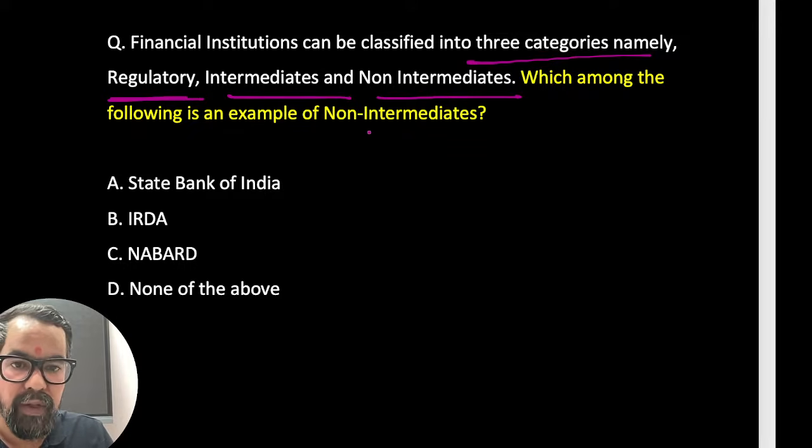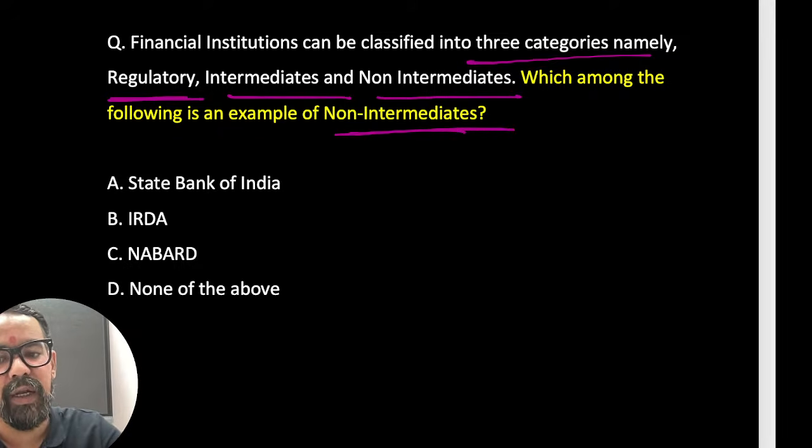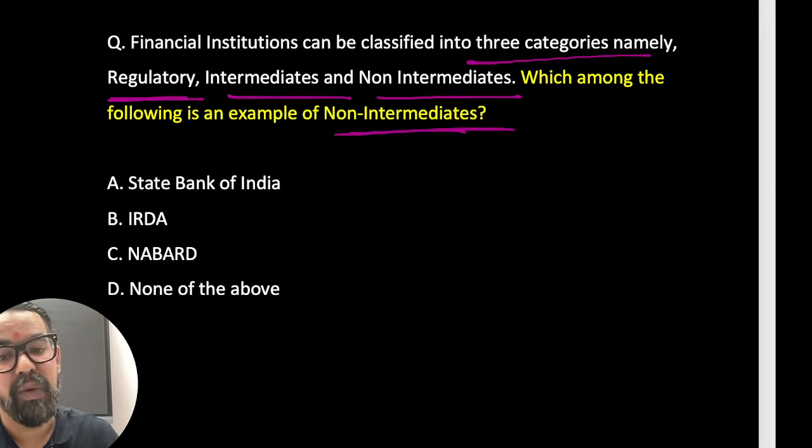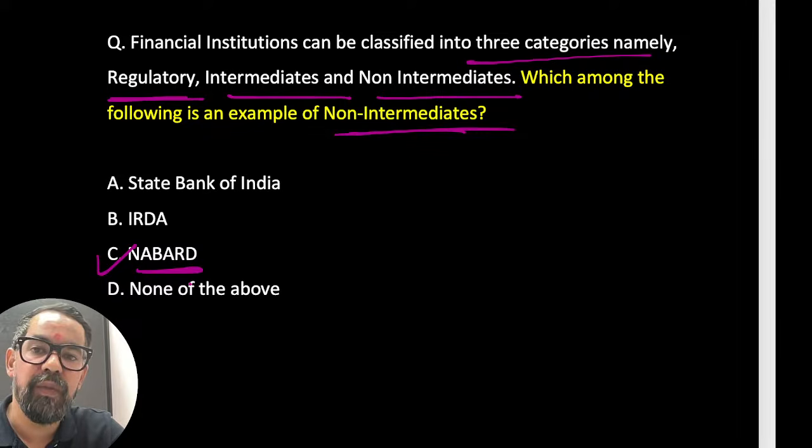So now the question is, which of the following is an example of an intermediary, which is generally used for refinancing purposes and all. So what will be your correct answer? NABARD will be the right answer for this particular one. So NABARD is a financial intermediary. NABARD, Exim, NHB, or we have NaBFID, the newly built.